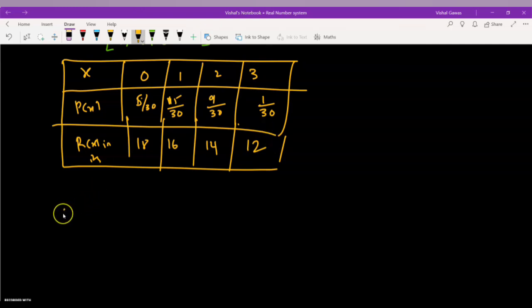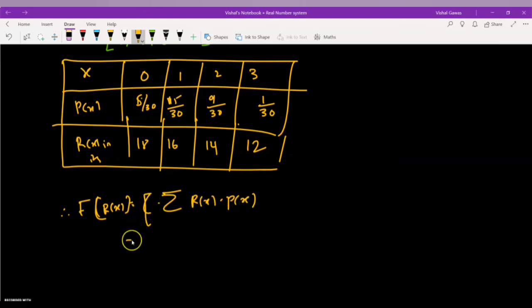Therefore the expected Rx would be equal to the corresponding probability distribution multiplied by the rupees. This is summation Rx into Px. So this is 1 by 30, which again I can take out.